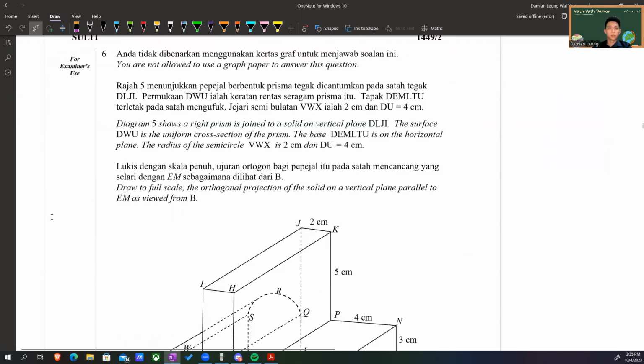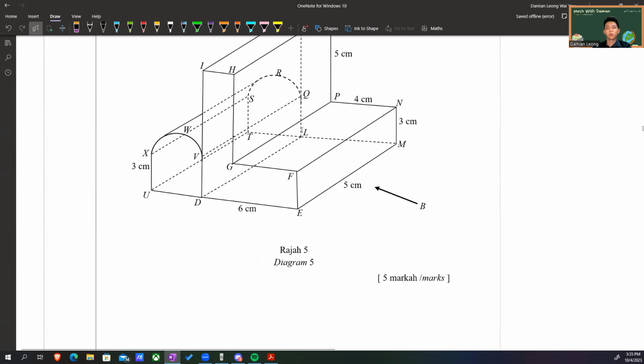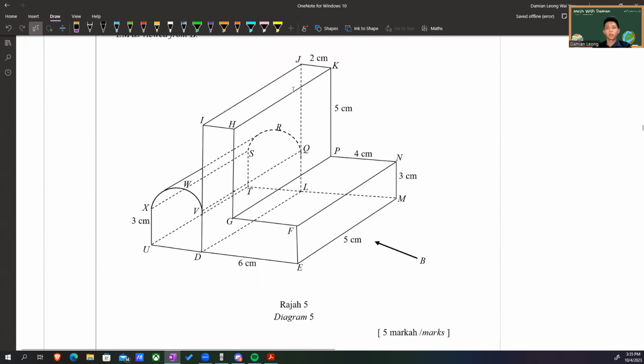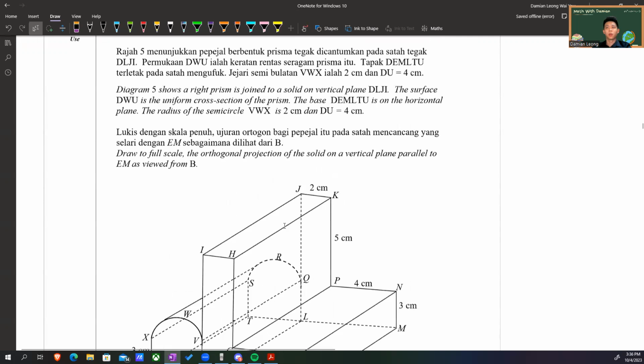Question 6. So this one I need to draw out according to full scale. I have a red prism joined to a solid on vertical plane DLJI, this one. So this prism is behind this block.